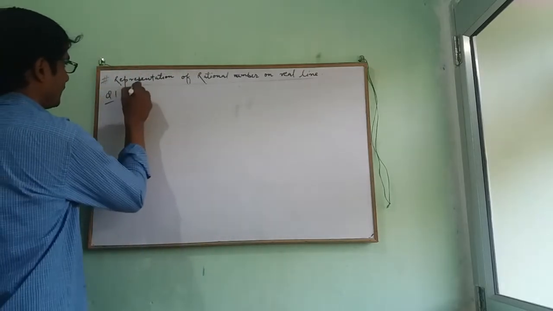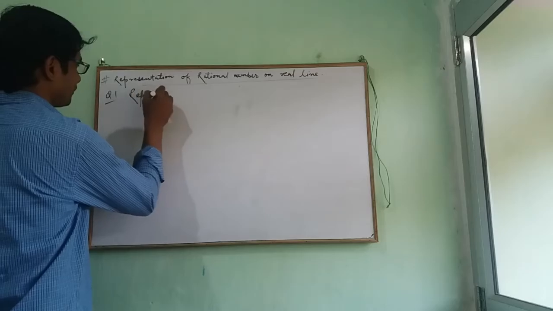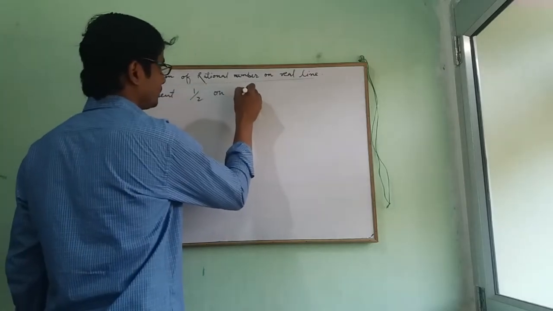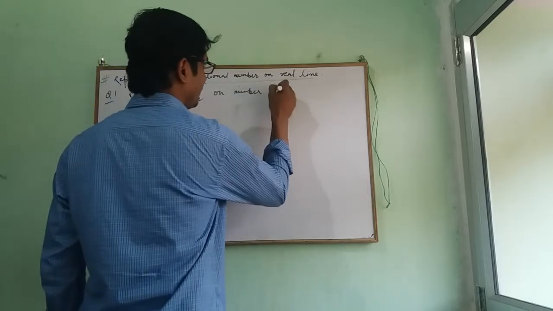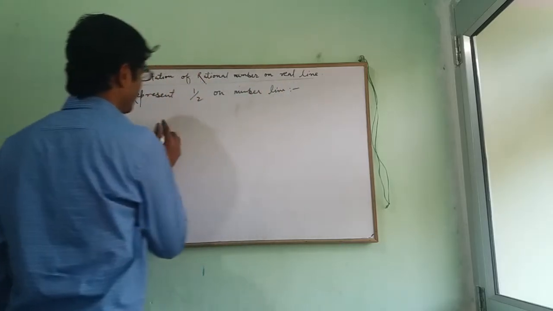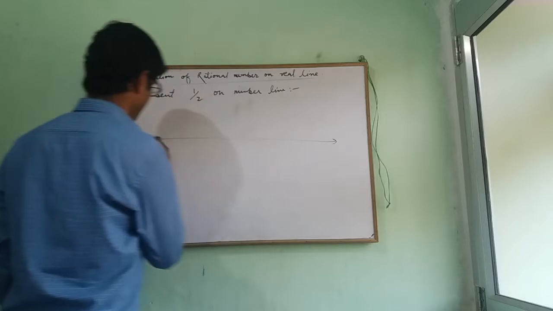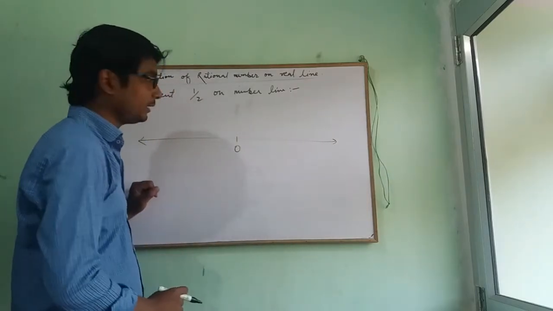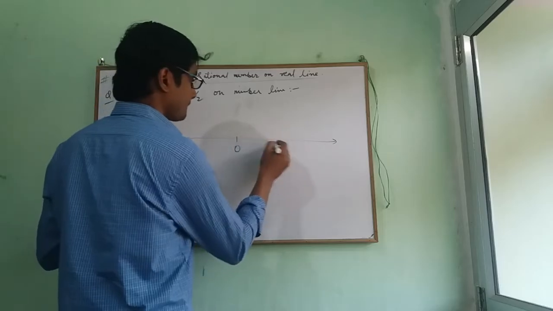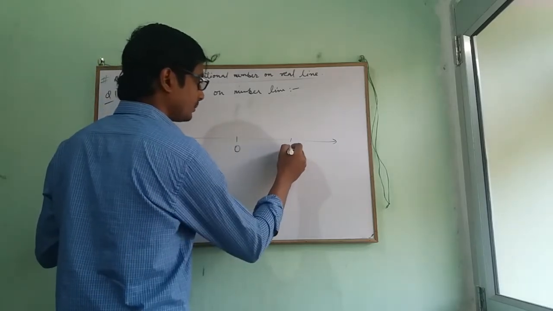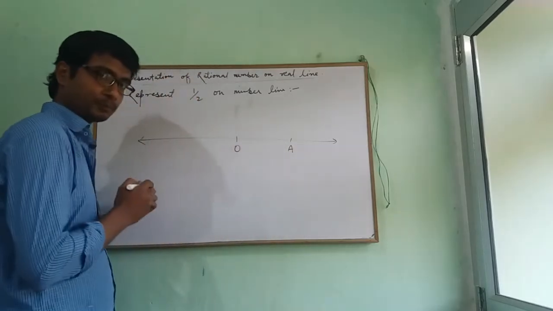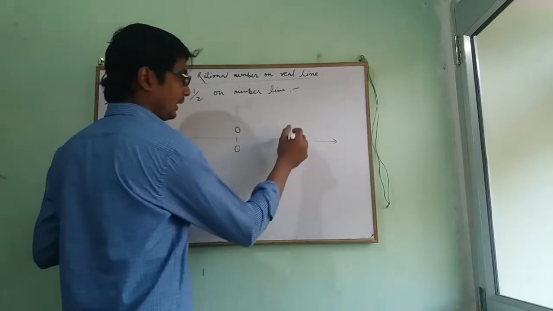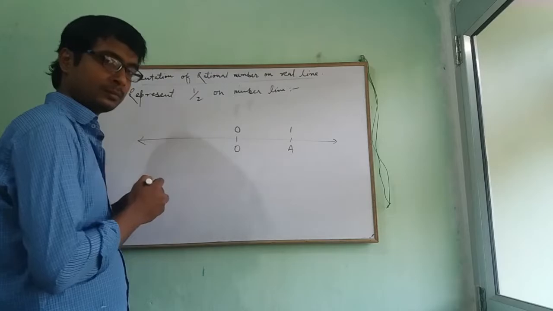Question: represent 1 by 2 on a number line. So for that I will draw a number line, set a point O here, then I will take a point A. Let O be 0 and A be 1.